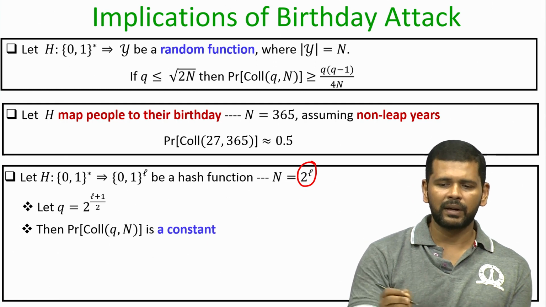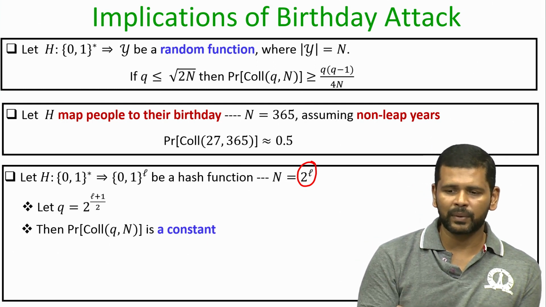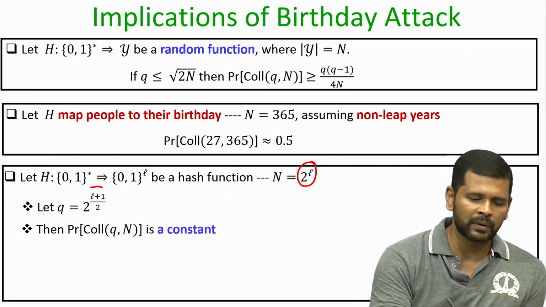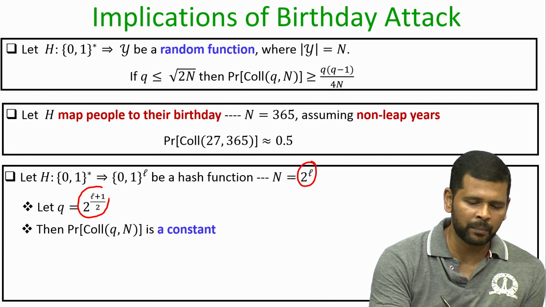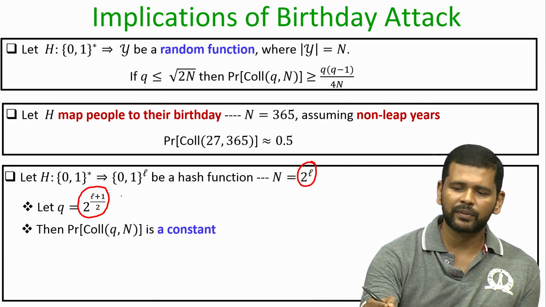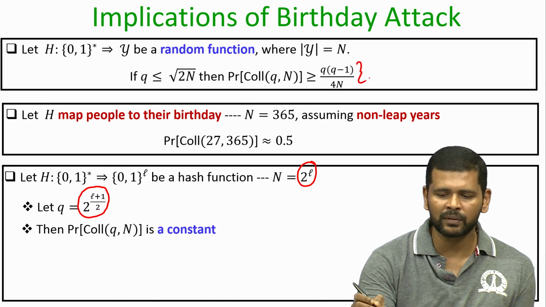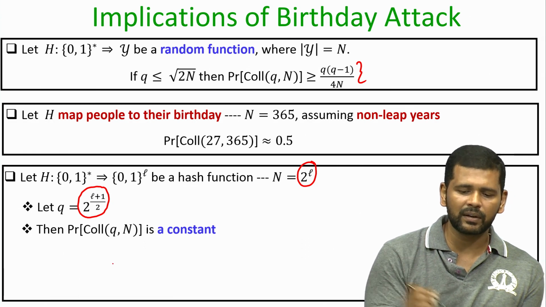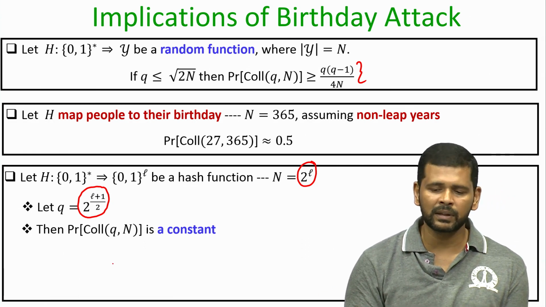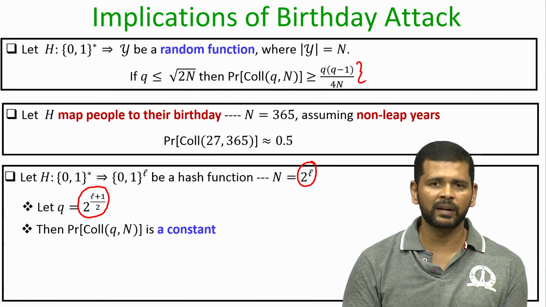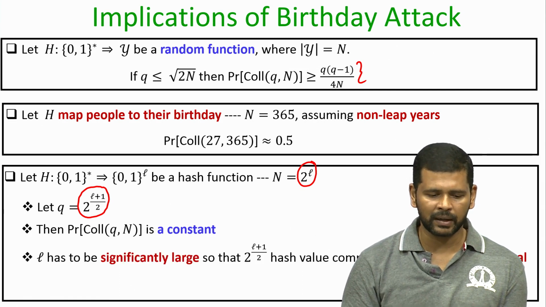Then the analysis of the birthday attack basically says that if you evaluate your hash function at 2 to the power (l plus 1) over 2 distinct inputs, and I substitute this value of q in this expression and the value of n to be 2 to the power l, then the probability of collision turns out to be a constant independent of the size of l, and a constant success probability is a good enough probability for an adversary to find a collision in your underlying hash function in polynomial time.